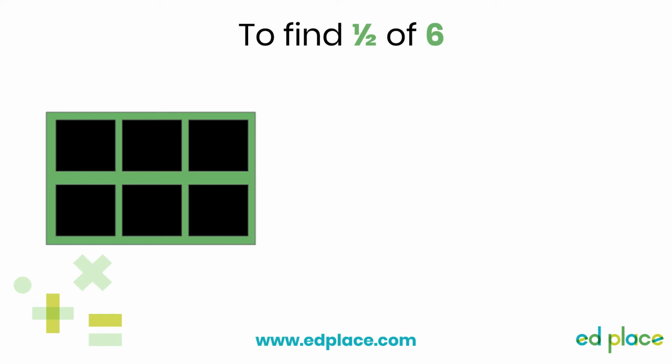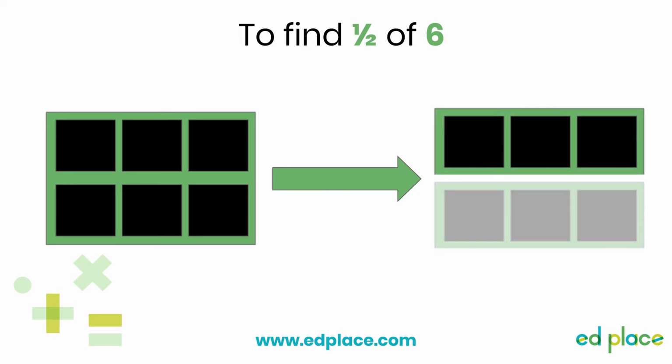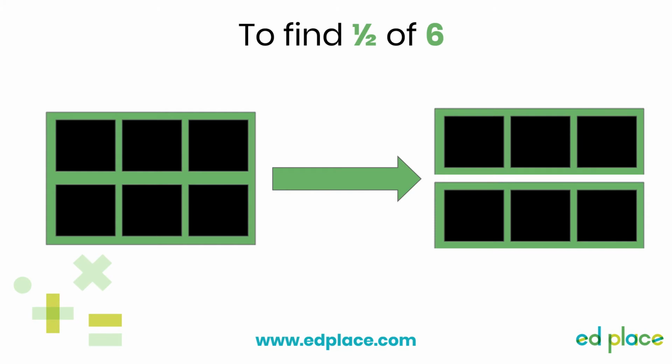Remember, the groups have to be the same size. Look, the whole number of 6 has been split into 2 equally sized groups. These are halves. 6 divided by 2 is 3. We can see each group has 3 squares. This is half of 6.